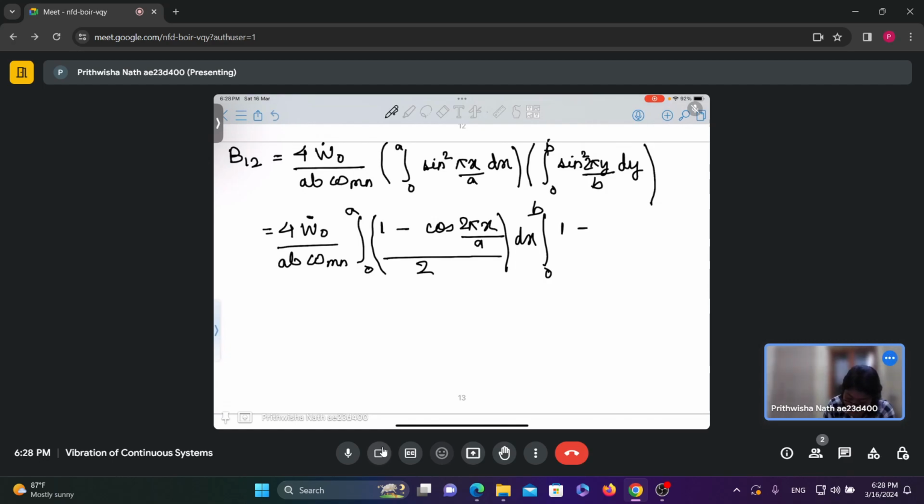One minus cos 4 pi y by b divided by 2 dy. Now again I can cancel this 2 with this 4.